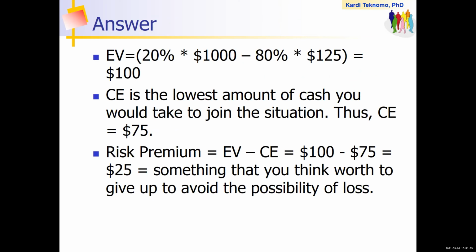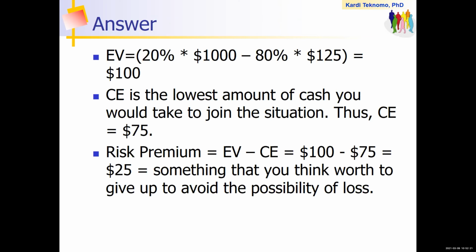Then risk premium is easy to compute because now you know EV and you know CE, so the risk premium is 25. What is this risk premium? It's something that you think is worth giving up to avoid the possibility of loss. Do you understand the meaning of this?